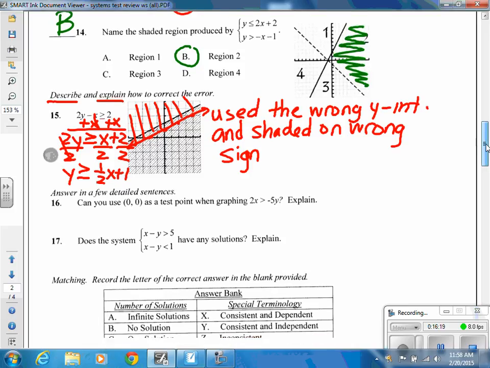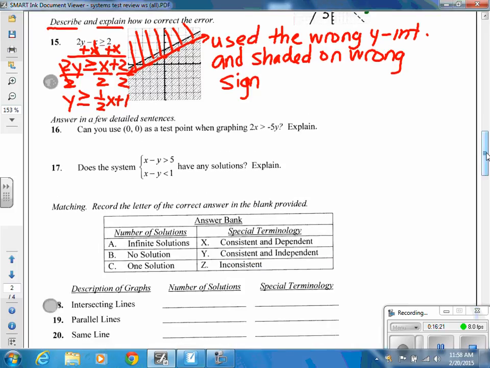All right, for number 16, can you use 0, 0 as a test point when graphing 2x is greater than -5y? And then explain why you say yes or no. Technically, you can use any ordered pair as a test point. So the answer to this would be yes, right? But would it give you the situation where you need to graph? When you plug it in, 0, 0 is going to give you 0 is greater than 0, right?